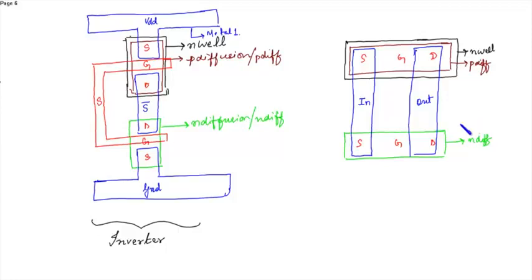So now you have to connect the poly to the gate of the PMOS and NMOS. At the gate of the PMOS, select bar is connected.